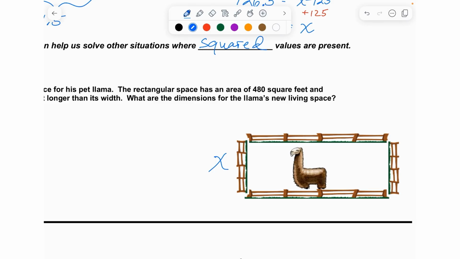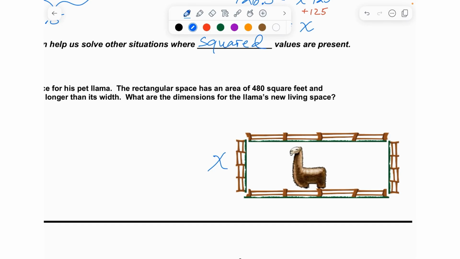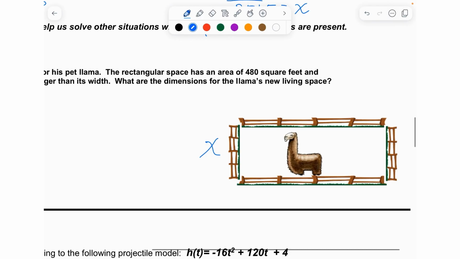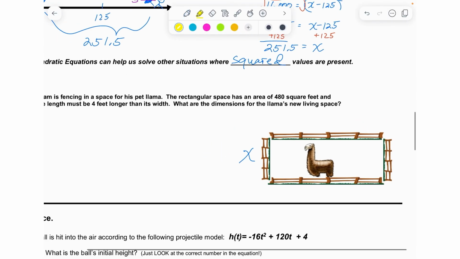It's basically an unknown dimension. But as soon as I label that one dimension x, I'm able to label the other dimension a little more specifically. Remember how it said that the length has to be 4 feet longer? Well, that means that I could label this other dimension as x plus 4. And now all of a sudden I have a length and a width.